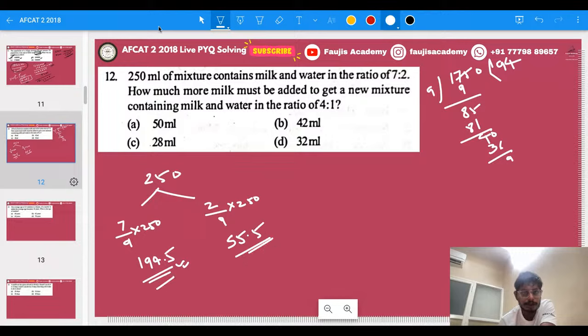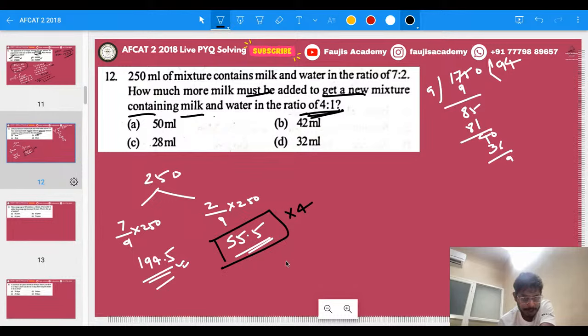Now you guys tell me how much milk must be added to get the new mixture containing milk and water in the ratio 4:1. We need to have the ratio 4:1. So that means the quantity of milk has to be 4 times of this value, isn't it?